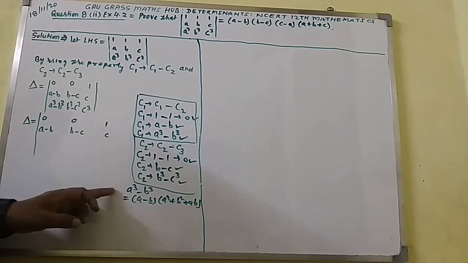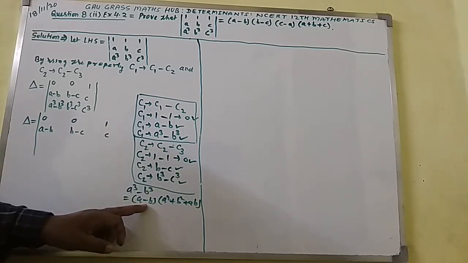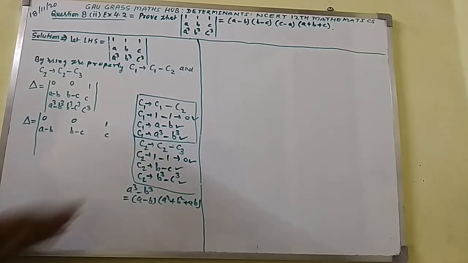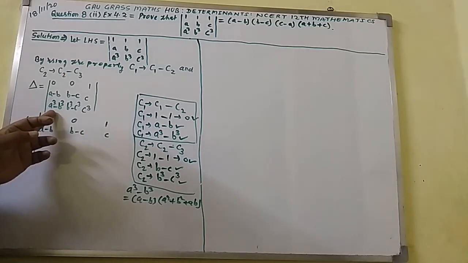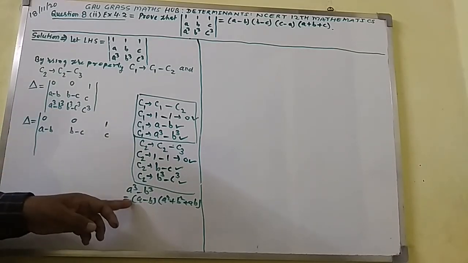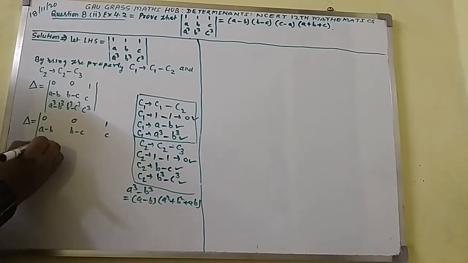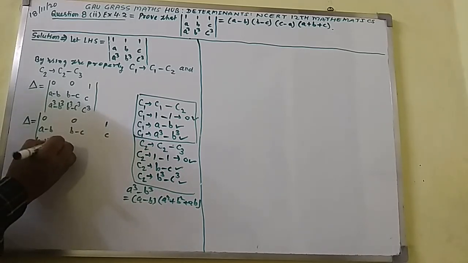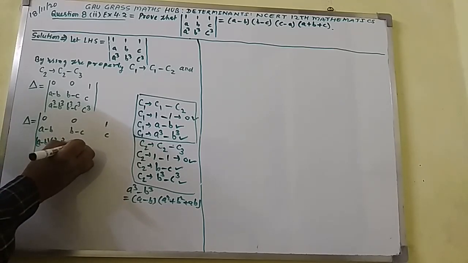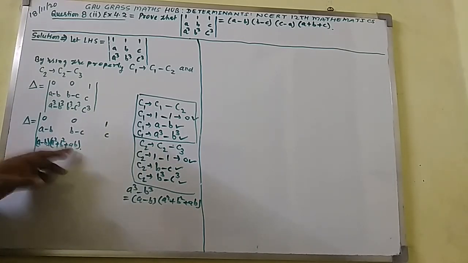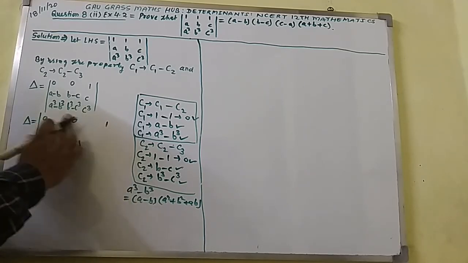So in place of a cubed minus b cubed, I shall write this factorization: a minus b, in bracket a squared plus b squared plus ab. And this thing can be removed later on.